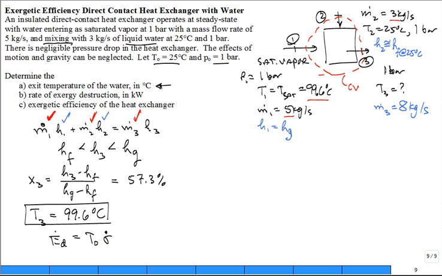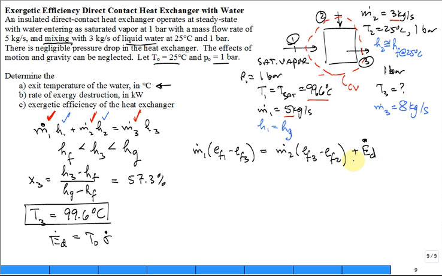You can also do an exergy balance where you say the mass flow rate at 1, EF1 minus EF3, that's what comes out of that hot stream, goes to m dot 2, EF3 minus EF2, that's what's going into the cold stream, plus some destruction, true?